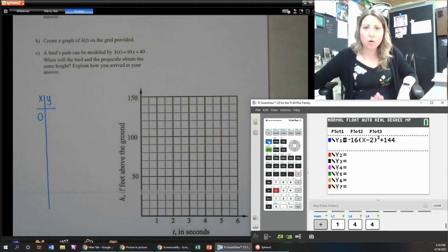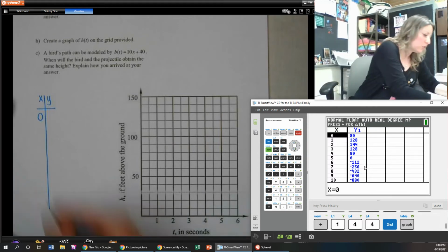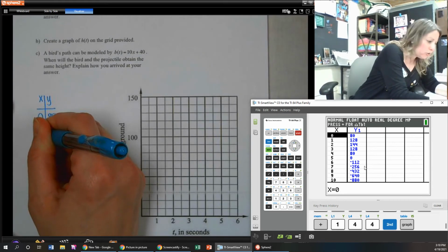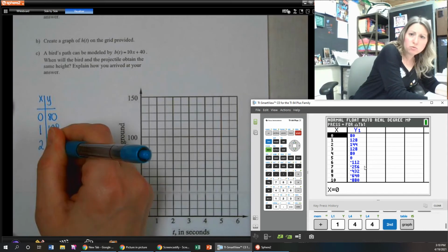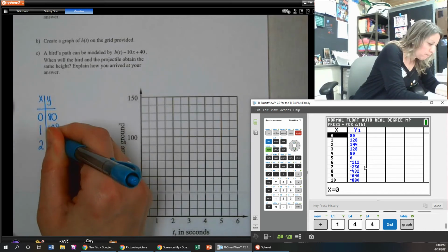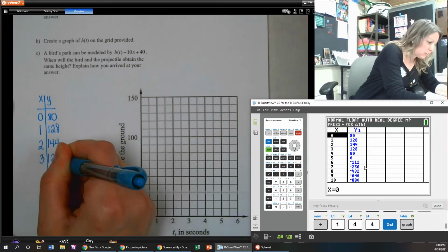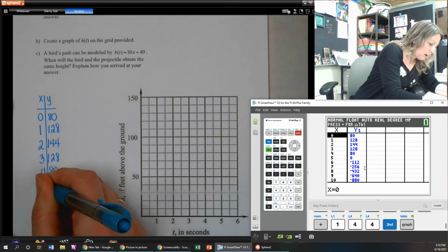All right, so I'd normally press graph to see it if it were reasonable numbers, but it's not. So second in graph gets me to my table that, of course, starts off right up here at 0, 80. So 0, 80, and then 1, 128, and then 2, 144, 3, 128, 4, 80, and 5, 0.